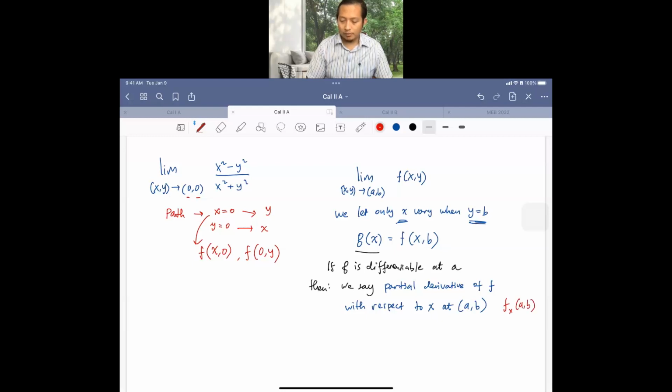We say that this is the partial derivative of f with respect to x, or simply we can say partial x to simplify the pronunciation.